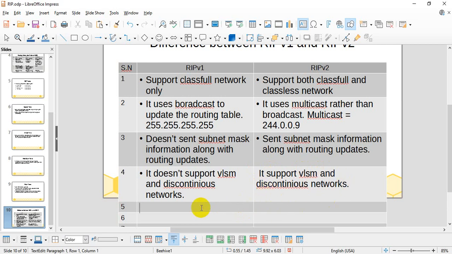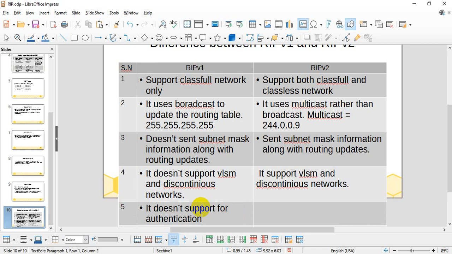And what is the next difference? It doesn't support authentications, means RIP version 1 doesn't support authentication.